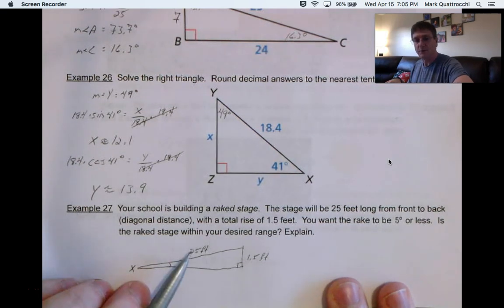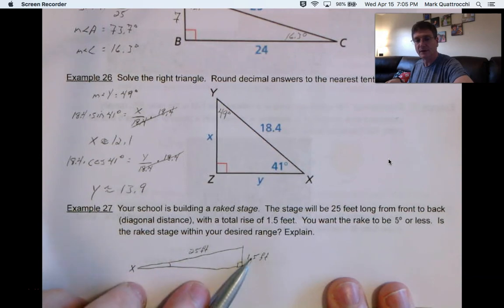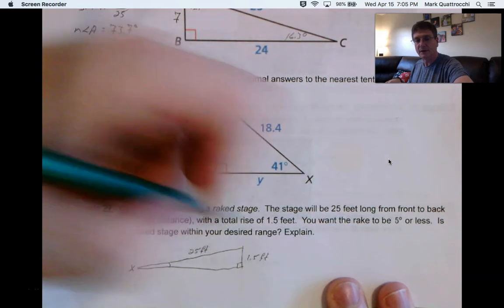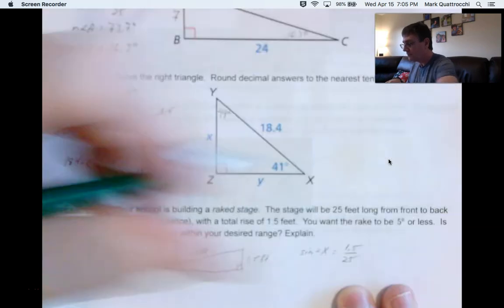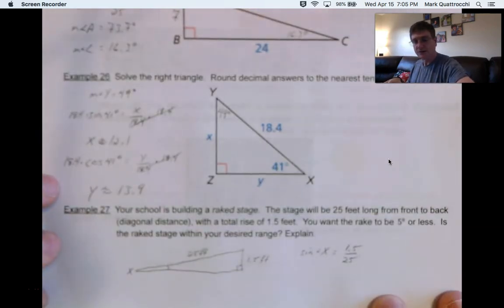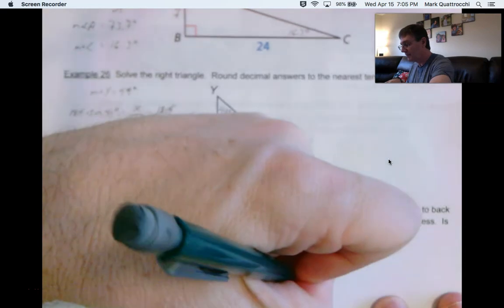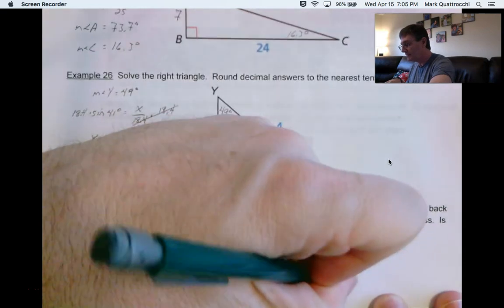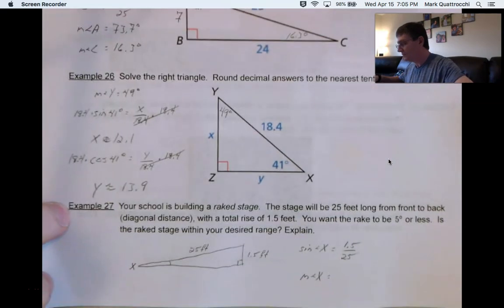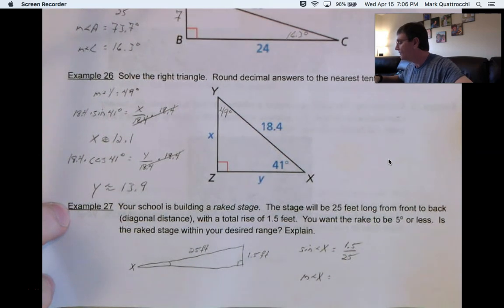Which trig ratio do we use to find the value of x? Opposite hypotenuse. Sine of angle x equals 1.5 over 25. Inverse sine is going to get us the value of x. Measure of angle x equals inverse sine of 1.5 divided by 25.